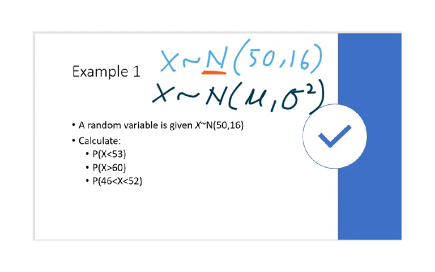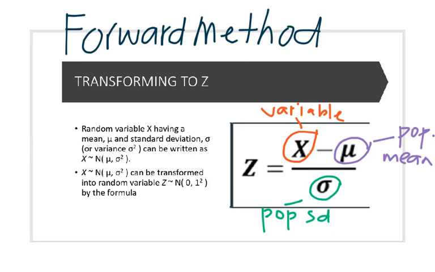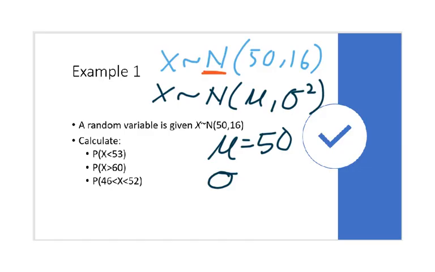So in this case, our population mean, mu, is 50. Because we are going to use the population SD, sigma, in our formula, not the population variance, we need to square root the value given to us in the bracket, because the value in the bracket is the population variance.